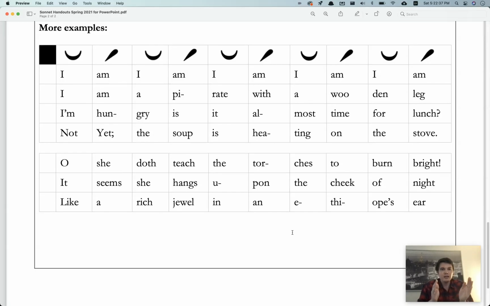It seems she hangs upon the cheek of night, like a rich jewel in an Ethiop's ear." Right? You can feel the rhythm there, and you can clap along with it. I encourage you to do that several times with all of these examples until you've really internalized 10 syllables, unstressed followed by stressed 5 times. The whole play is written like this.